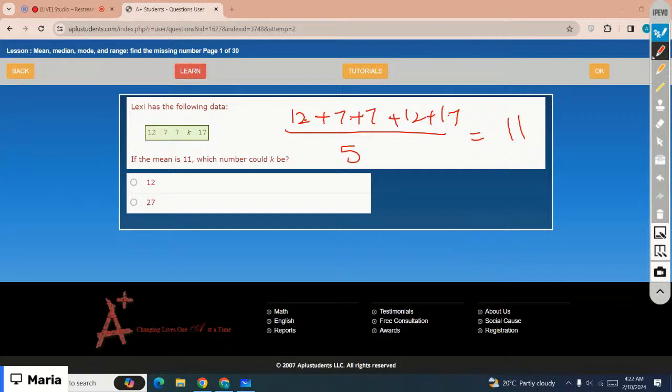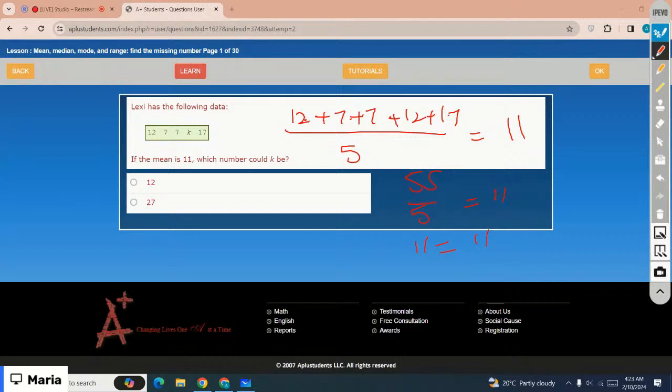That is 12 plus 7 plus 7 plus 12 plus 17, which is 55. The sum of all the numbers is 55, and 55 divided by 5 is 11. That means yes, the mean is 11. Got it?